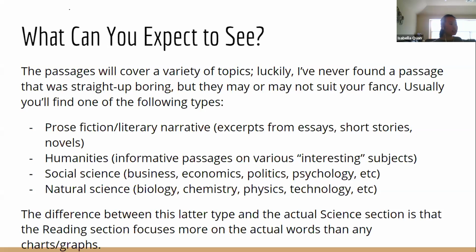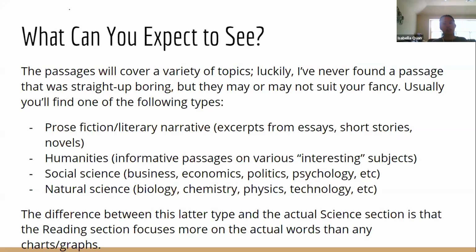Humanities is an informative passage, and it can be about anything. There's stuff on history, theater, the history of the radio. I think generally they lean towards history, but I can't remember the other examples off the top of my head.